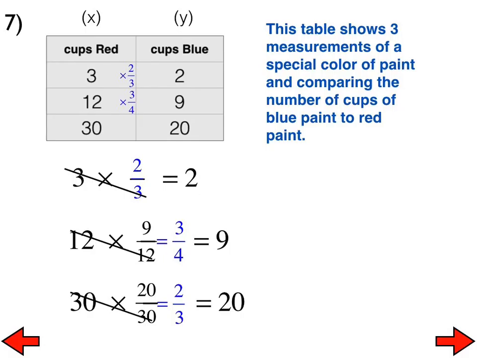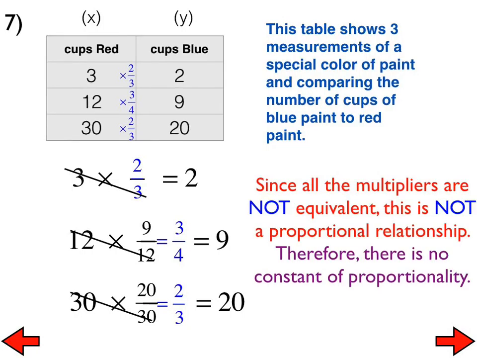One of them is not, which is not good enough, right? We need all of them. So since the multipliers are not equivalent, this is not a proportional relationship. So I can't answer the unit rate question. I can't answer the constant of proportionality question. There are none. So for that part, you can either write none or cross it out. Don't put 0 because a constant can be 0.